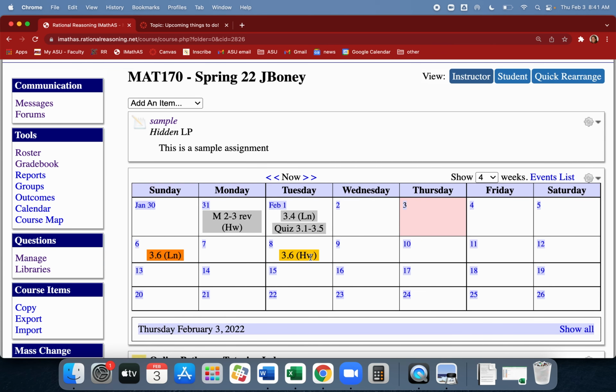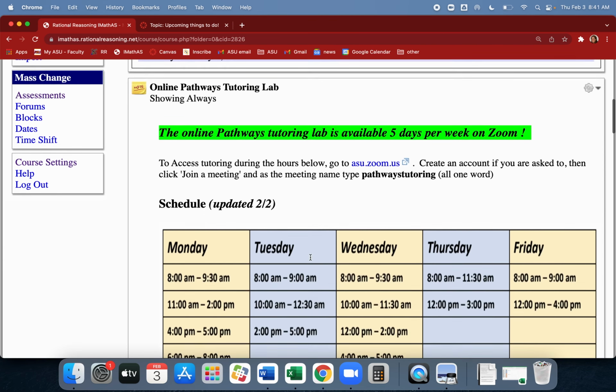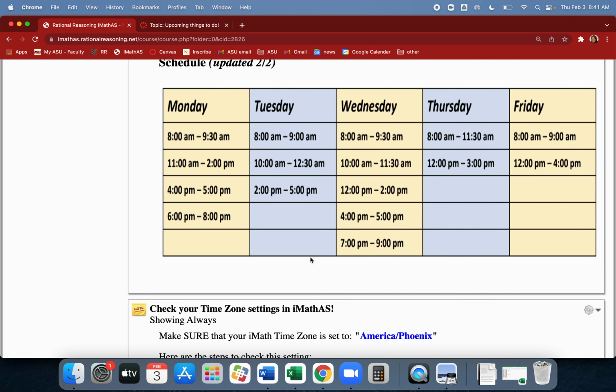Keep in mind that we've got the tutoring center online that's open Monday through Friday, a variety of hours. They just switched a little bit because someone changed their hours, but those are posted right below this calendar here. There's an assortment of times, some in the evenings on Mondays and Wednesdays, mostly mornings on Tuesday, Thursday, Friday.